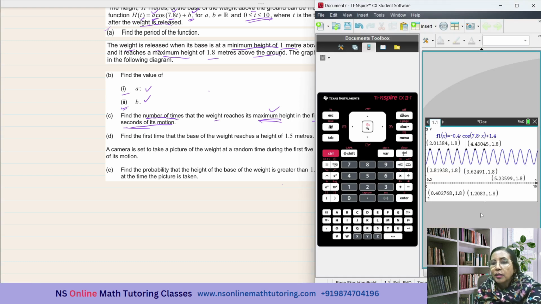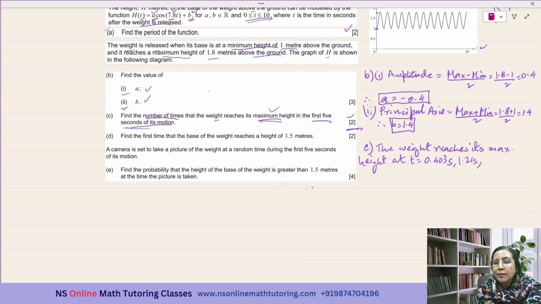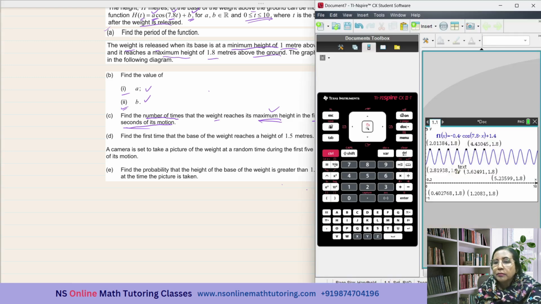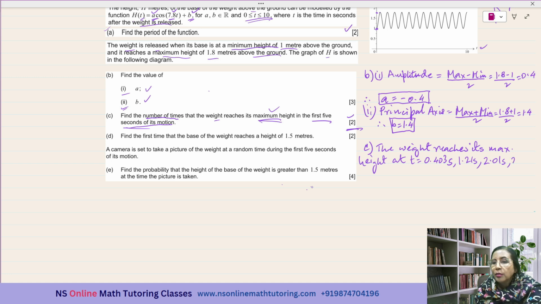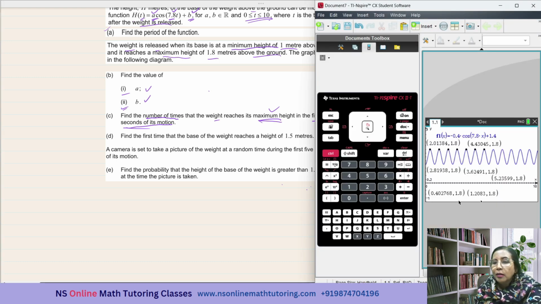Then it is 2.01 seconds, and then 2.82 seconds. I have written 4 of them.